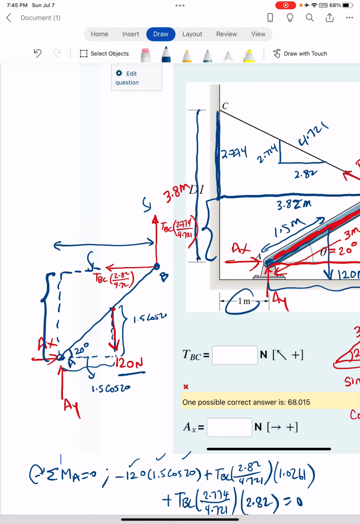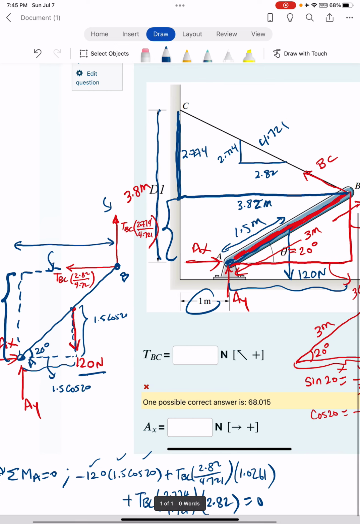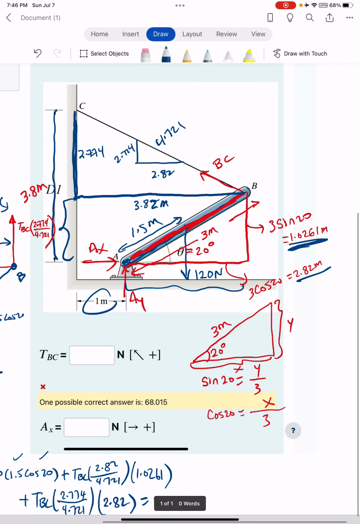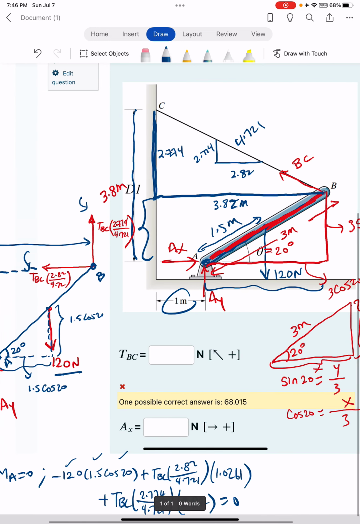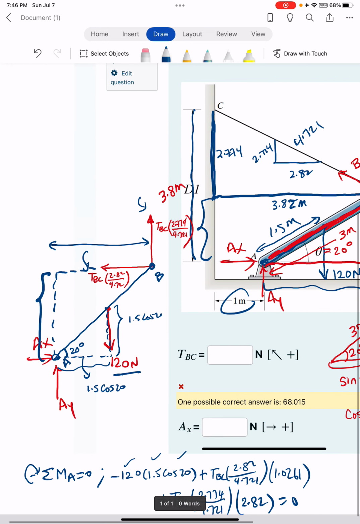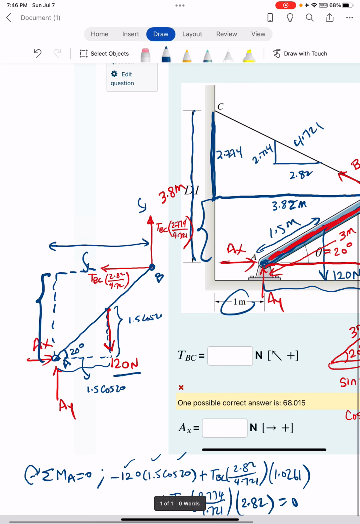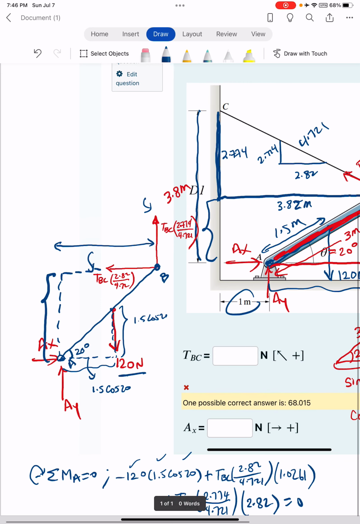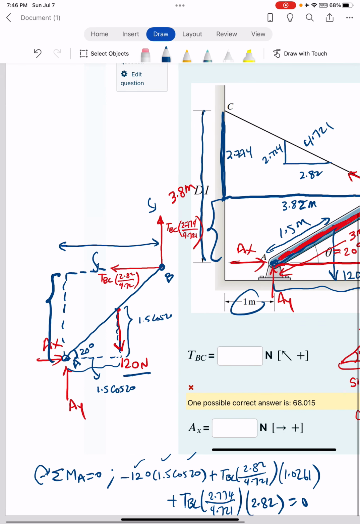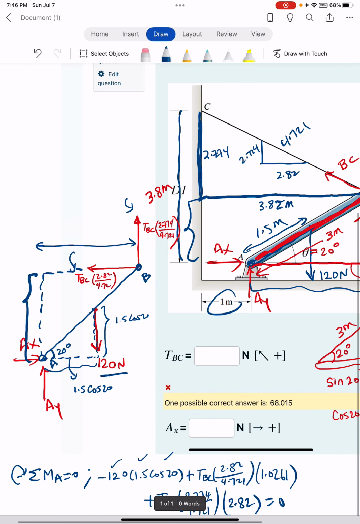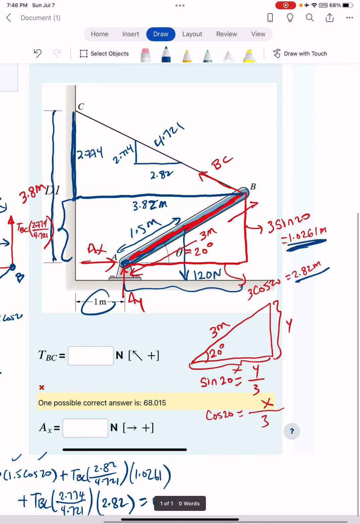Is it 2.82 or 3.82? 1.0261, 2.82 over 4.721 times 1.026, and the last one, 2.774 over 4.721, TBC, 3.82.